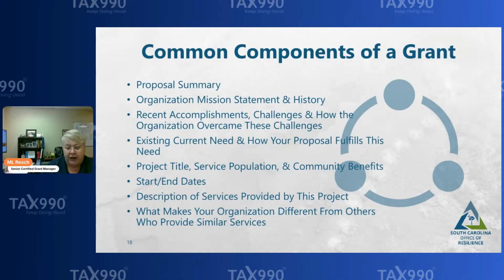But you have to take into consideration that you may need time to ramp up your program before you actually start. In addition to what you are doing along the way, how are you going to wind down the program at the end of the grant period? We're going to talk about sustainability in a minute, but in addition to sustainability, how are you going to keep this program running?